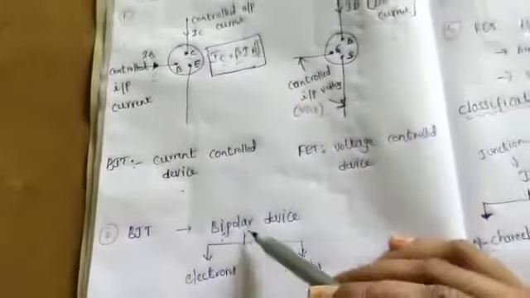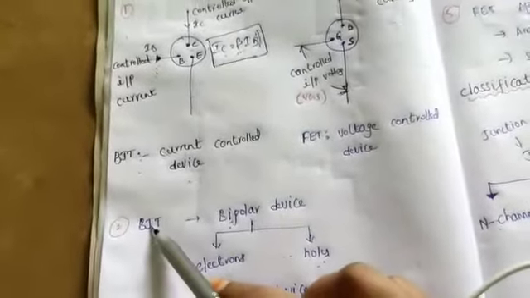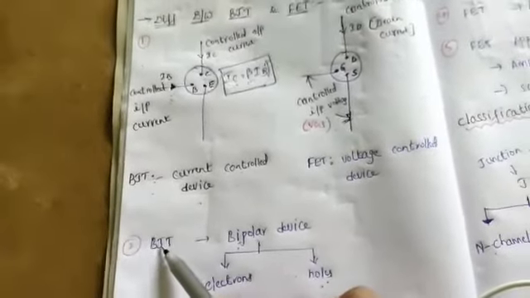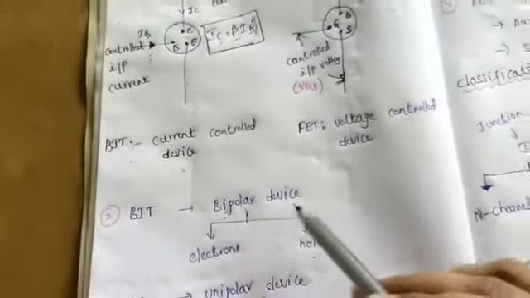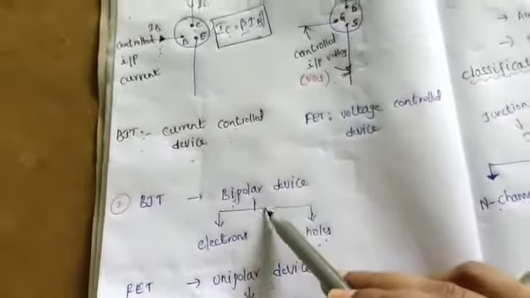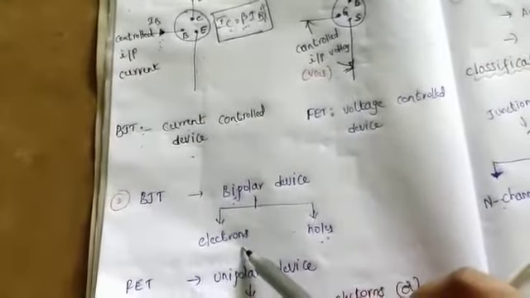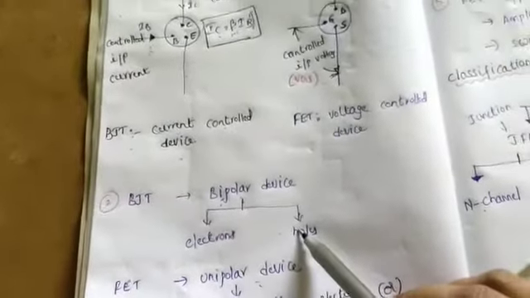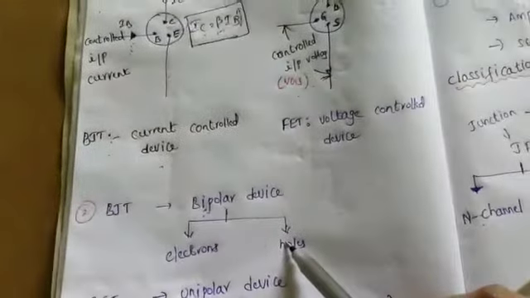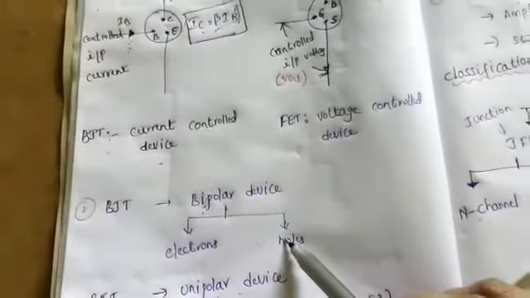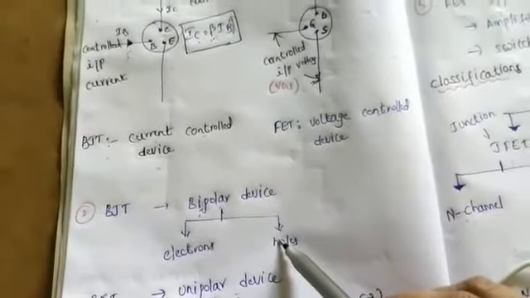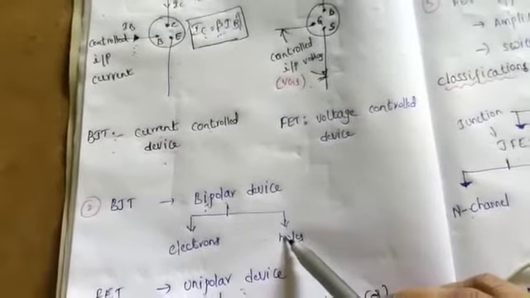Next, the second difference. BJT is nothing but the transistor, B for bipolar. So why is it called a bipolar device? Bi means 2, so 2 polarities: the current is carried by both electrons and holes.